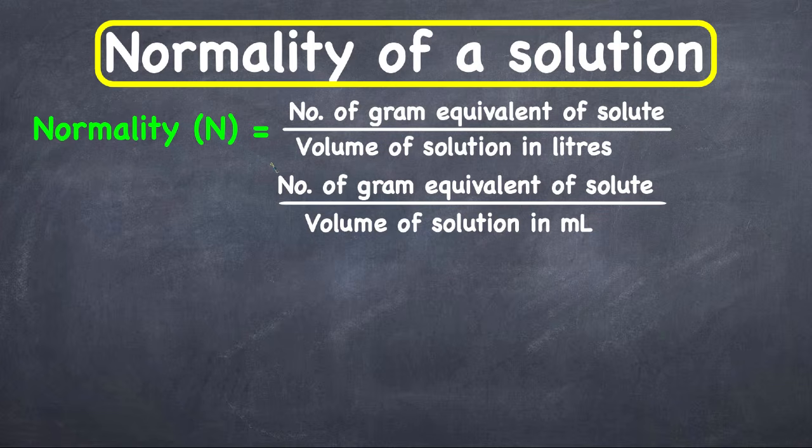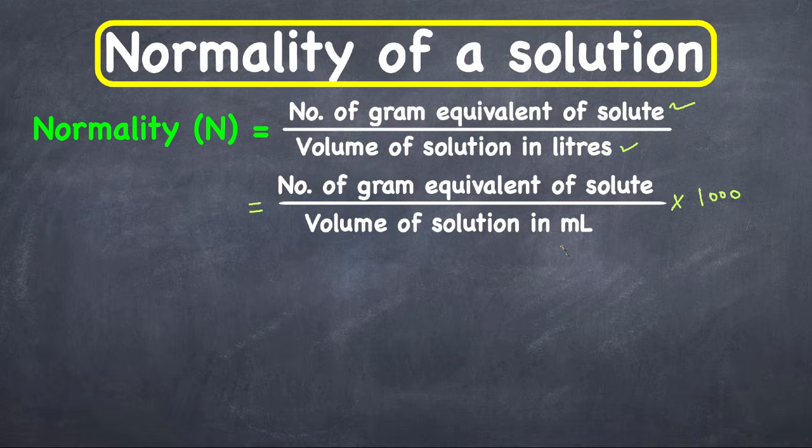Mathematically it can be written as number of gram equivalent of solute divided by volume of solution in liters. And if the volume of solution is given in milliliter, it can be written as number of gram equivalent of solute divided by volume of solution in milliliter, and in this case we're going to multiply it by 1000.